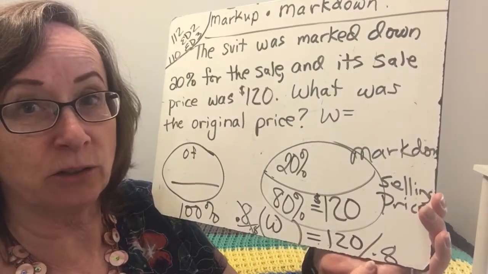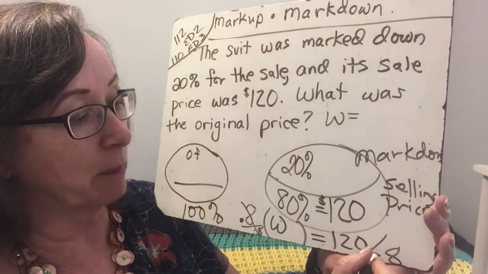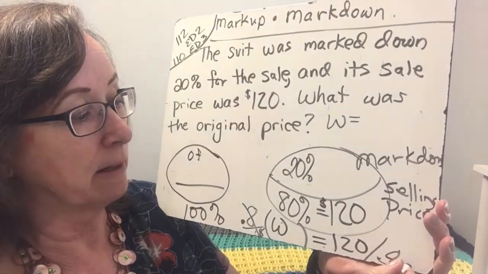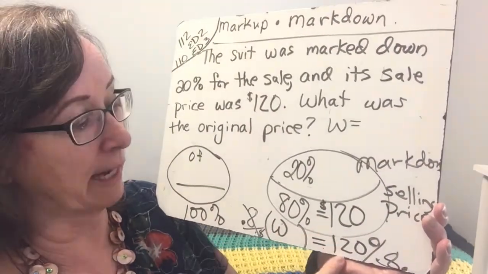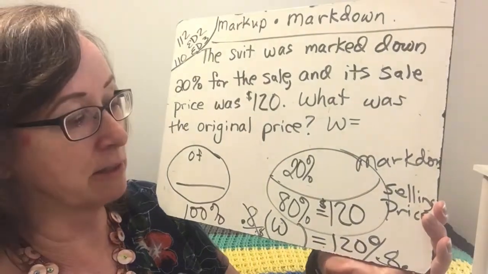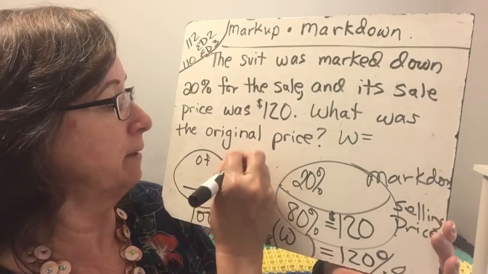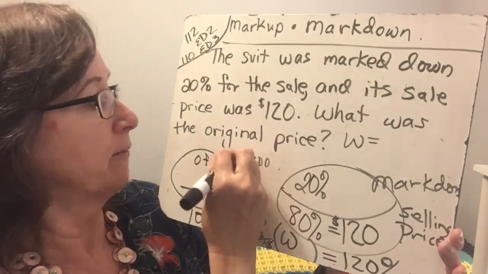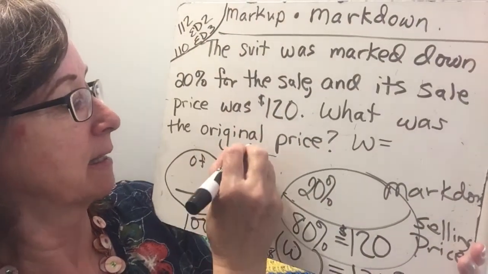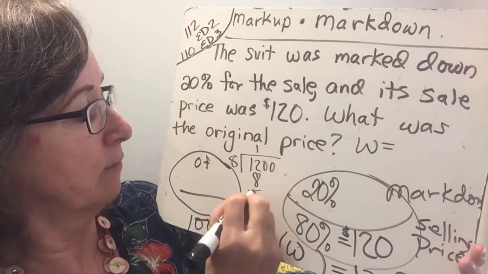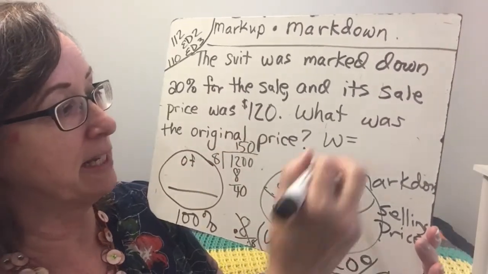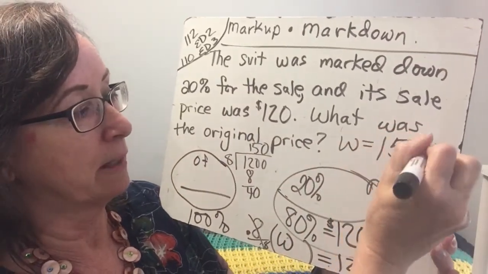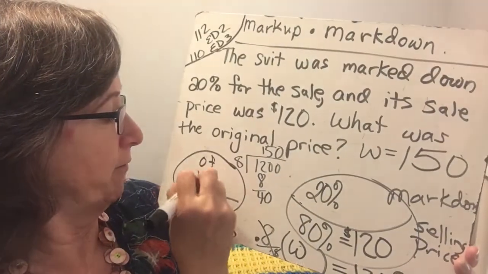I don't like to do division with a decimal there, so I'm going to move this 1 to the right, add a 0. So that's a little bit easier. 1,200 divided by 8 is going to be 150. So the whole price was 150.